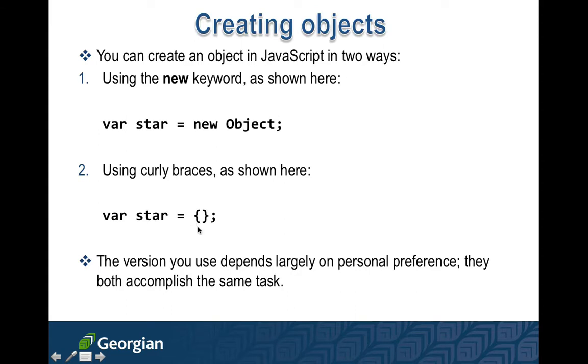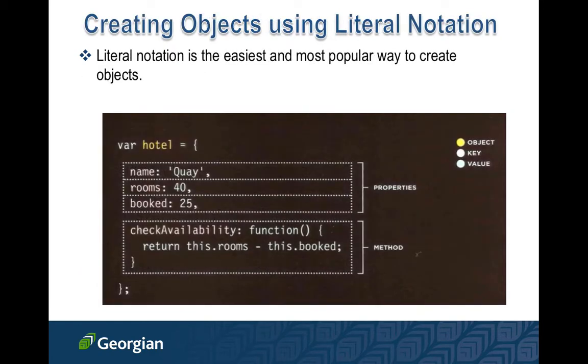Well, if I do this, it's equivalent to this, right? In fact, this is becoming largely more popular than this in JavaScript right now. Why? Because it's simpler. It's quicker. It's also crazy. But we'll talk about why it's crazy and what the advantages are of literal notation over constructor notation.